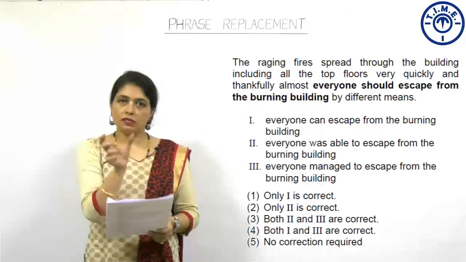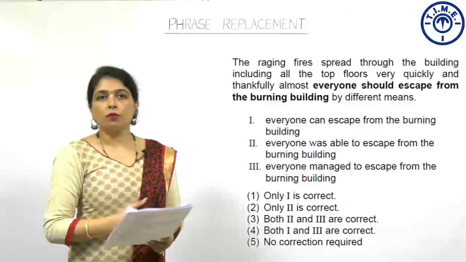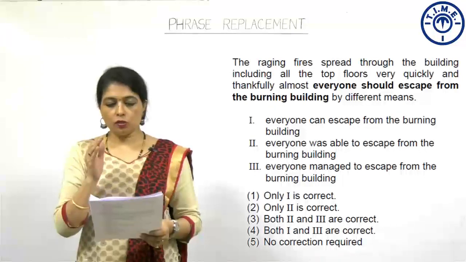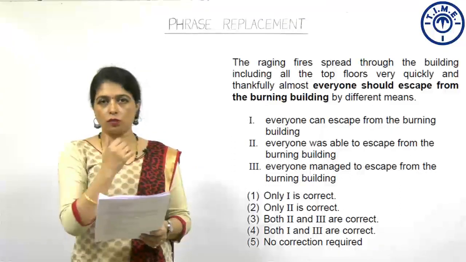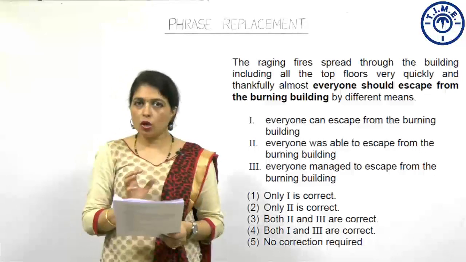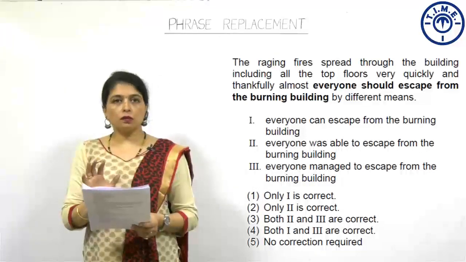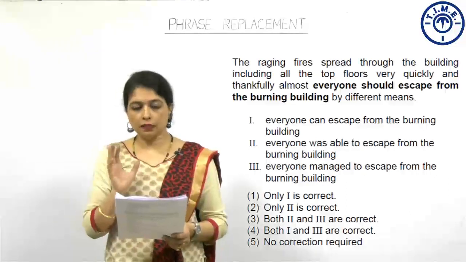Now when you look at just this part, it seems correct to you, but that's not how we are supposed to go about it. We need to look at this part in conjunction with the remaining sentence. So when we combine it with the part that is not highlighted, it does not complete the sentence in a grammatically correct way.